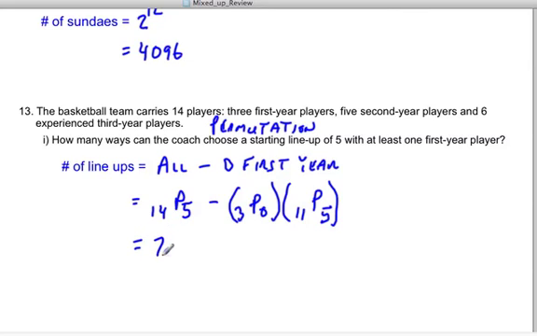And this is 240,240 minus 1 times 55,440, which is equal to 184,800.